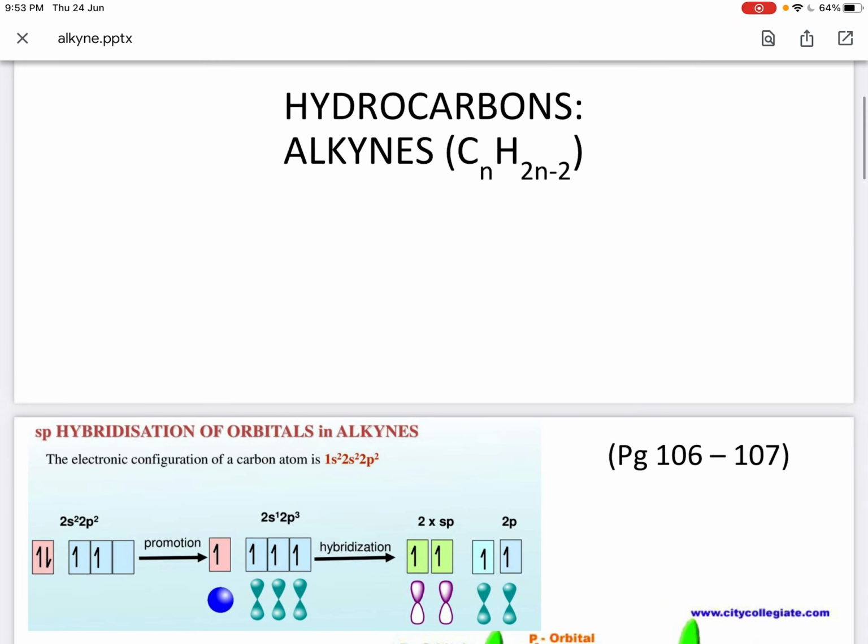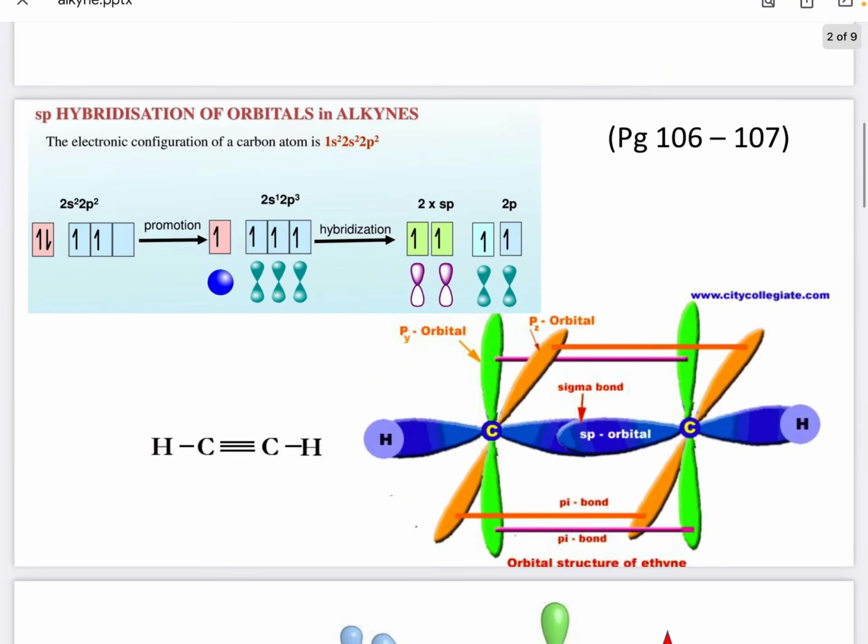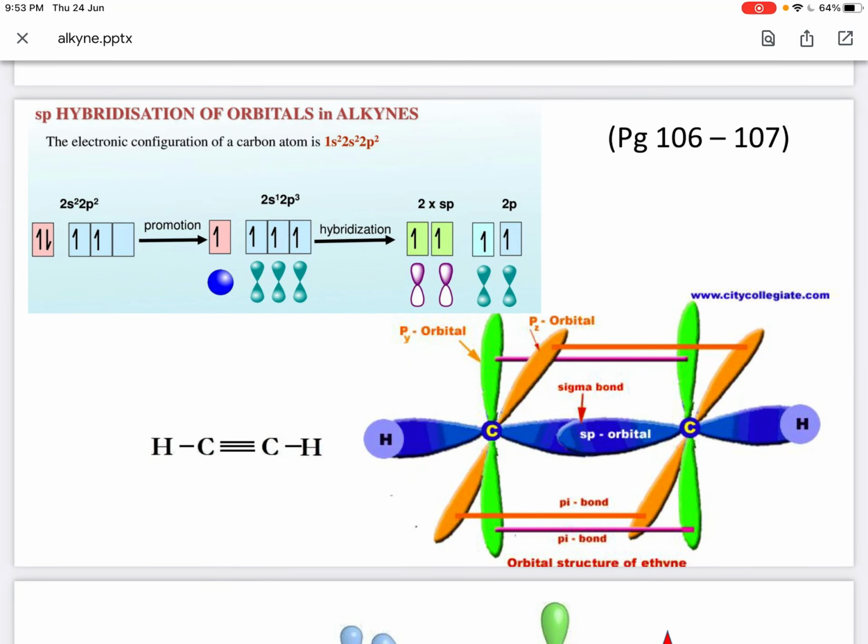And then there are also the bonds. There are two types of bonds: sigma bond and pi bond. Sigma bonds are head to head and occur in the middle, while pi bonds occur side by side.